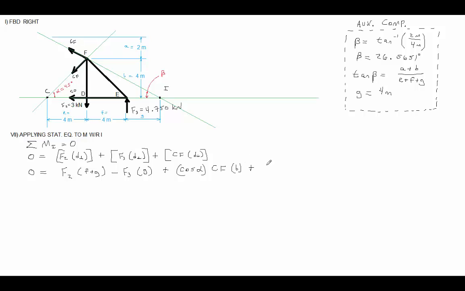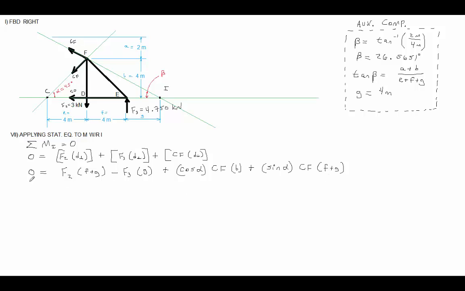The value of CF's y component is sine alpha times CF, and CFY would be right here. It would have the same perpendicular distance as F2, which is F plus G.